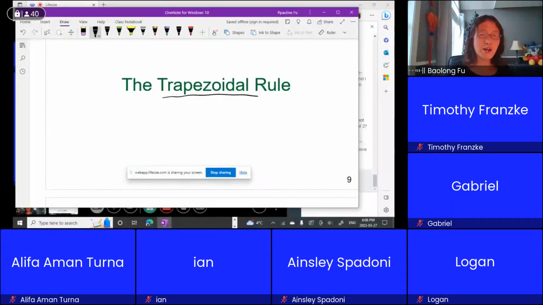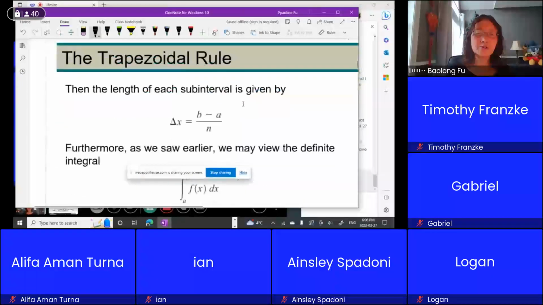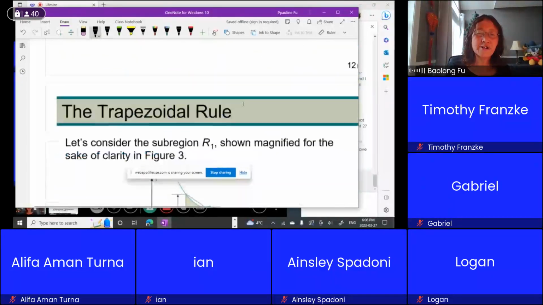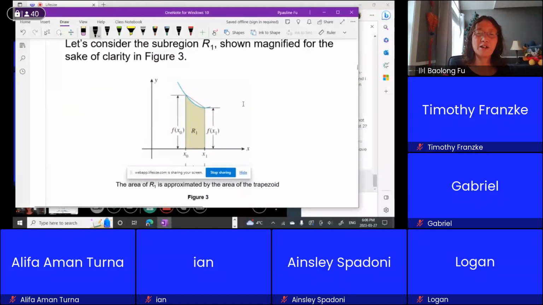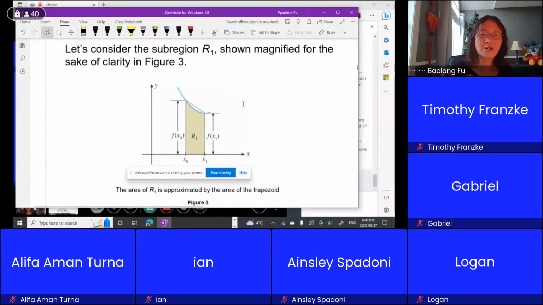When we use the trapezoid rule, we actually look at this graph here. Okay, there are many of this part. This R1 is just one part; imagine there are many other parts here. We just take one part, for example. Okay, and to calculate this shaded area, we need 2 points.